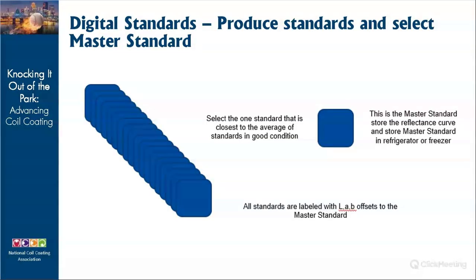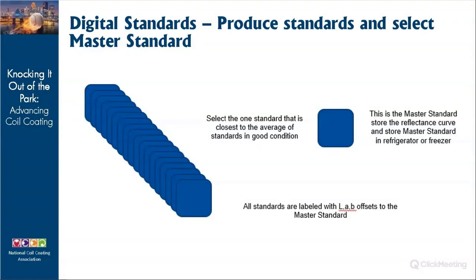So the digital standard process, typically what goes on, you have a number of master panels that were prepared. Make sure they're visually evaluated for any scratches, and they're all in good condition. You measure all of those, and you find the one standard that is closest to the average.